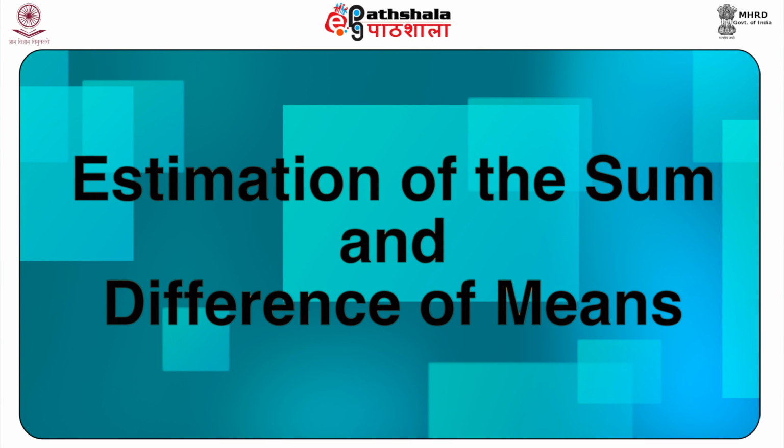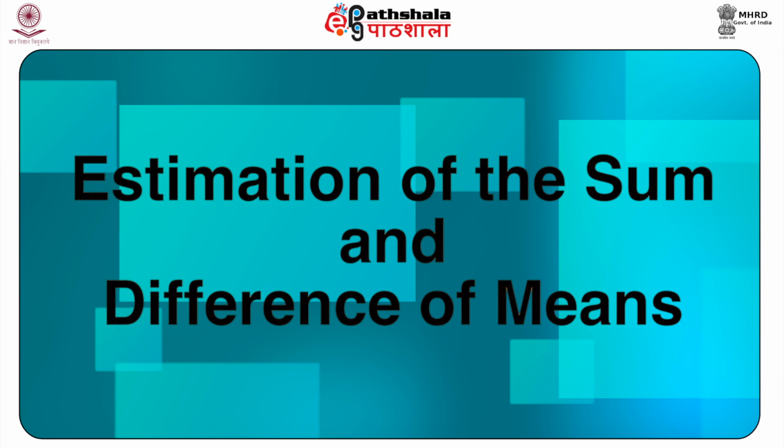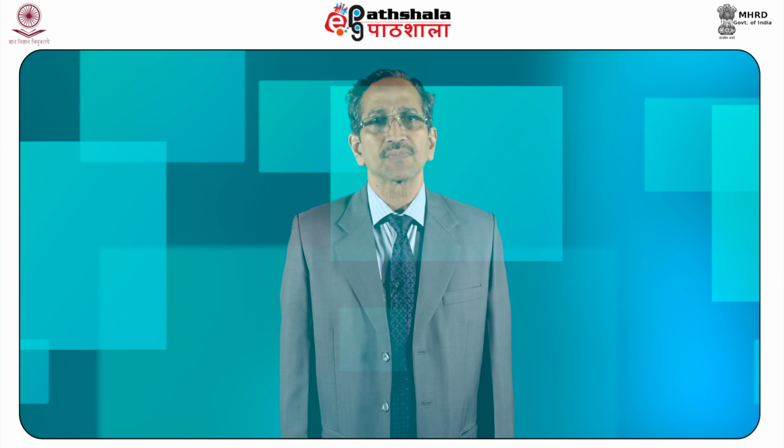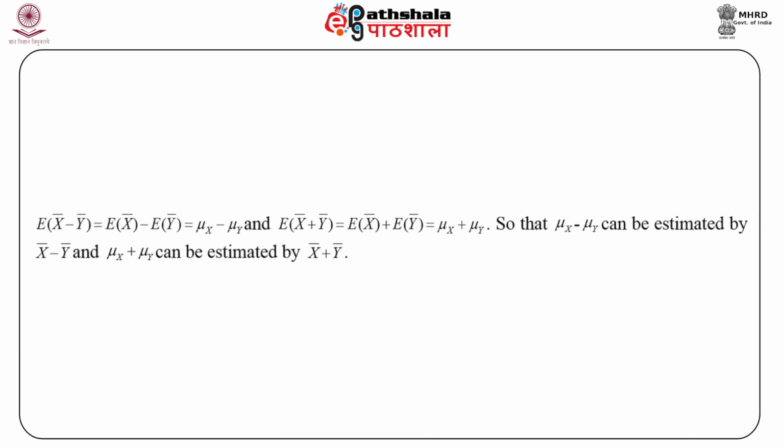Let's now understand the estimation of the sum and difference of means. We know that x bar and y bar are the unbiased estimators of mu x and mu y respectively. We can now use this to derive the unbiased point estimators of mu x minus mu y and mu x plus mu y. The expected value of x bar minus y bar is equal to expected value of x bar minus expected value of y bar, which could be denoted as mu x minus mu y.